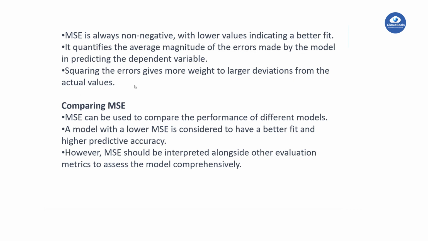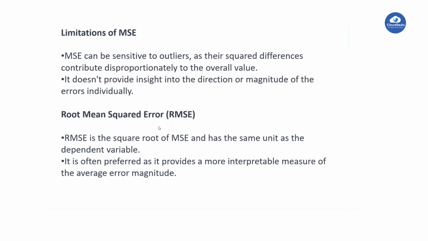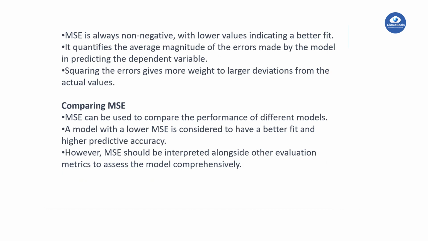So this is the drawback. How do we eliminate the drawback? Just to avoid positive and negative, we are doing the squares. Due to that square, what will happen? It gives a large deviation from the actual value. Actually, the deviation between the predicted value and the actual value is 5 only, but by squaring like this, it becomes 25.